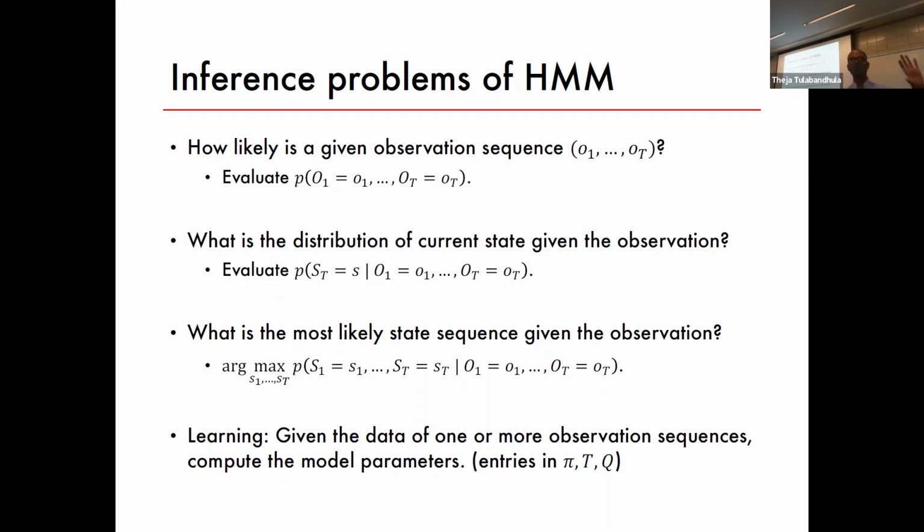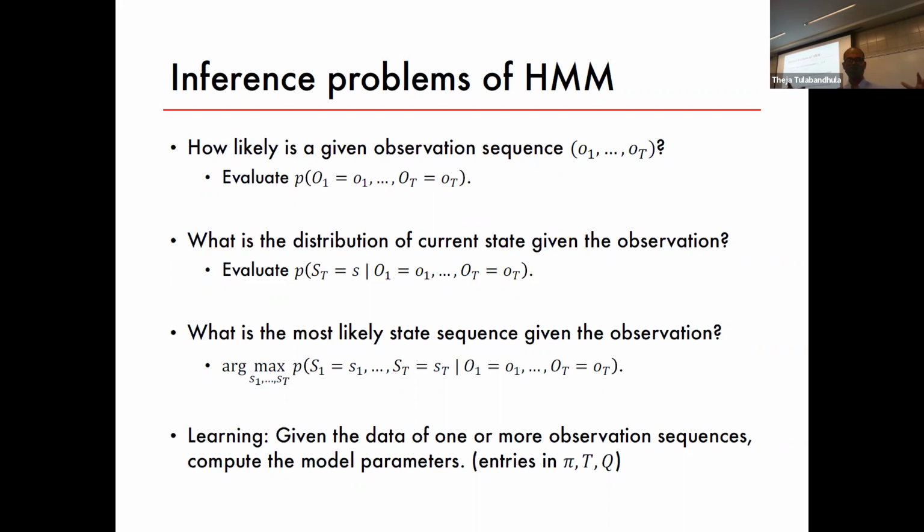Okay. Remember, the model is actually telling you the joint probability of all the random variables involved. The random variables are O1, O2, O3, up to OT, and then S1 to ST. Those are the random variables, and there were some arrows between them. So in general, there's going to be a joint distribution between all of these random variables.